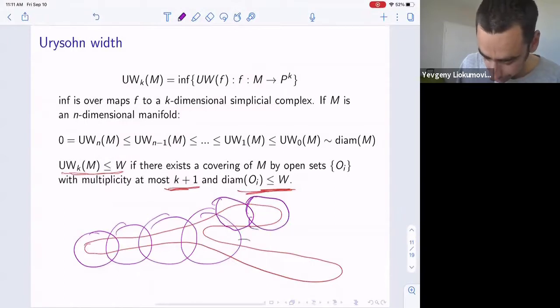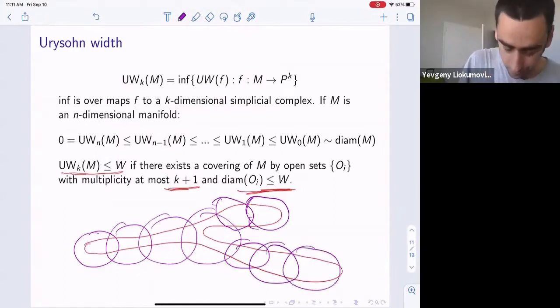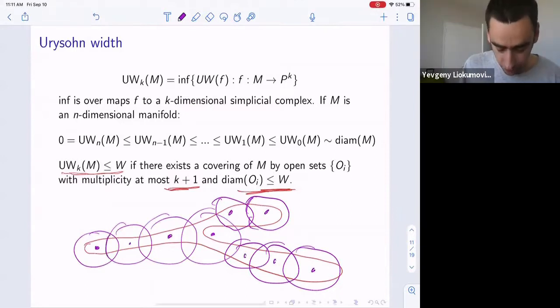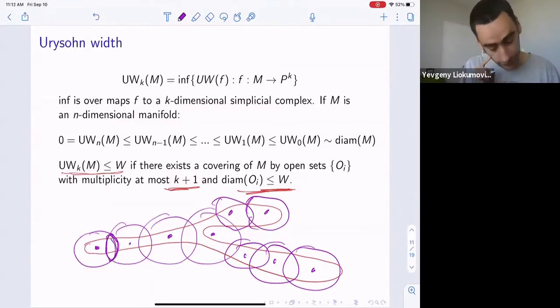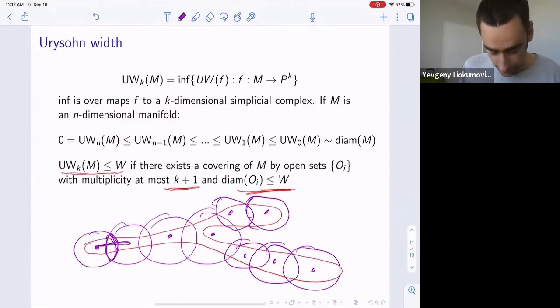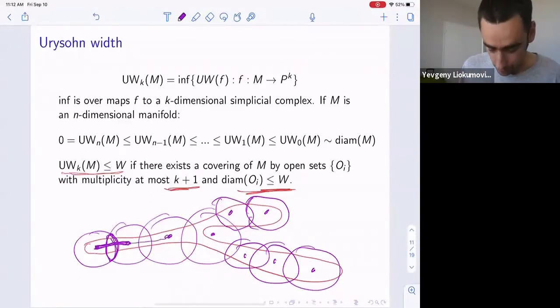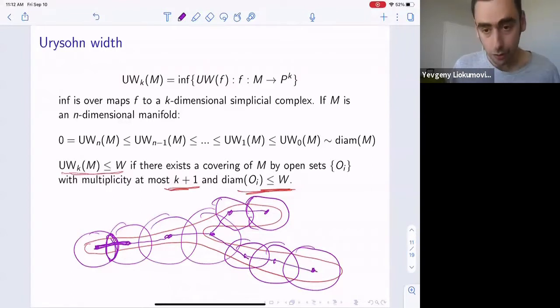From this, you can construct a polyhedral complex as follows. Corresponding to each set, you define a vertex in your simplicial complex. Corresponding to a multiplicity 2 region, where two sets overlap, you define an edge, and you connect the two vertices corresponding to the sets which overlap. And you keep doing that. And this way you construct a simplicial complex, which is called the nerve of this covering.